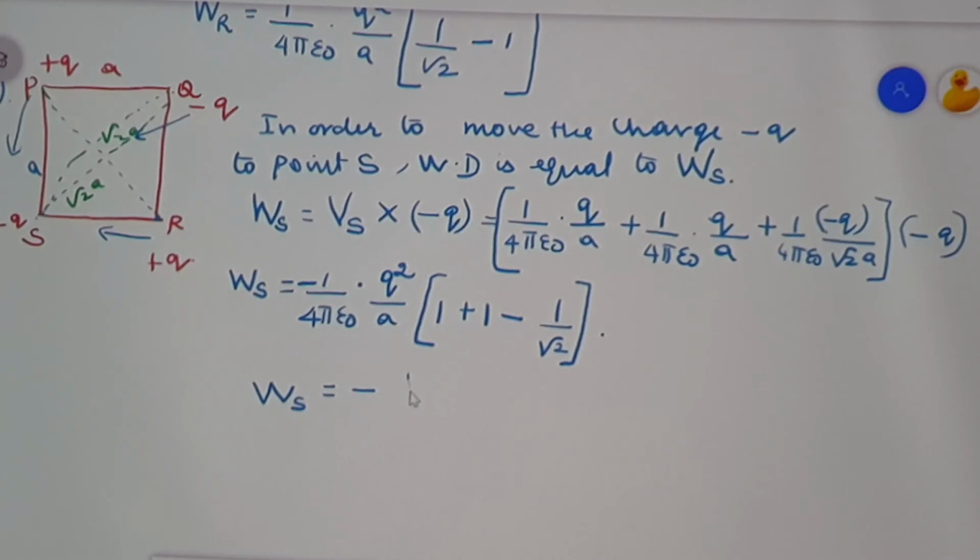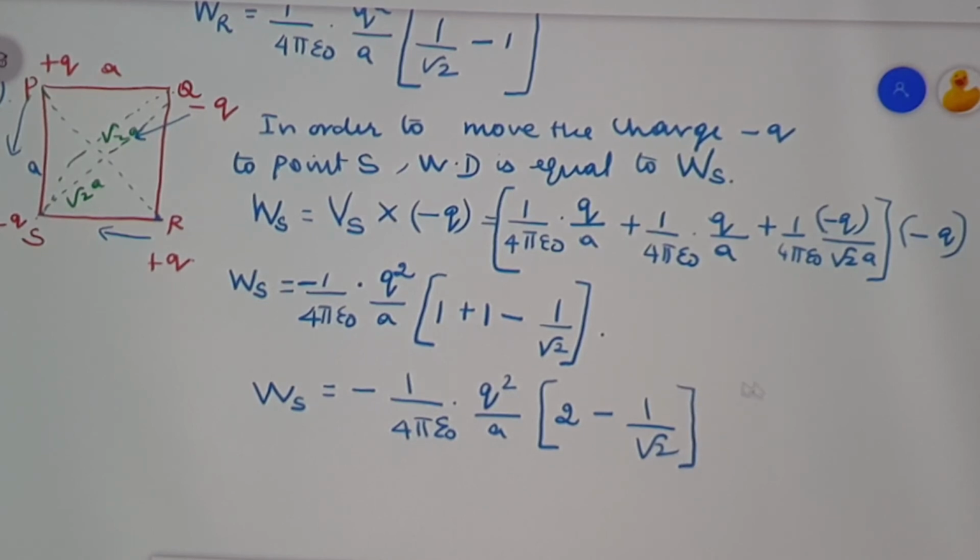Now you write, what is the work done to bring the charge at S, which is equal to minus of 1 divided by 4 pi epsilon 0 into Q square divided by A. Okay, I am rewriting that. 4 pi epsilon 0 into Q square divided by A multiplied with 1 plus 1, it is 2, minus 1 divided by root 2.